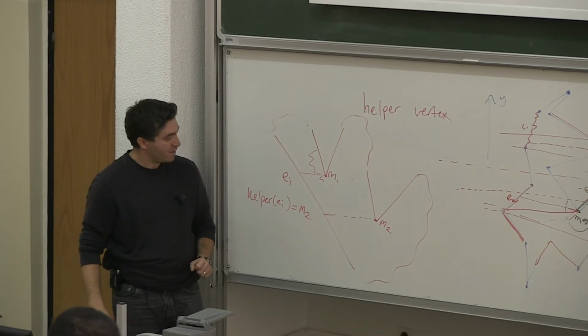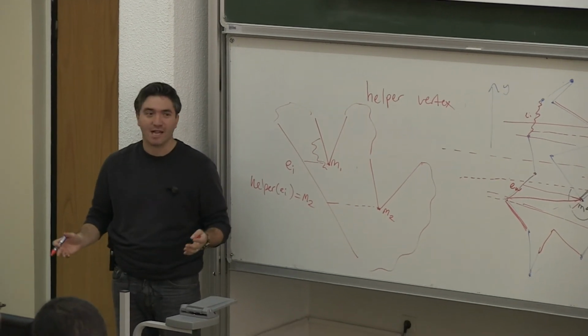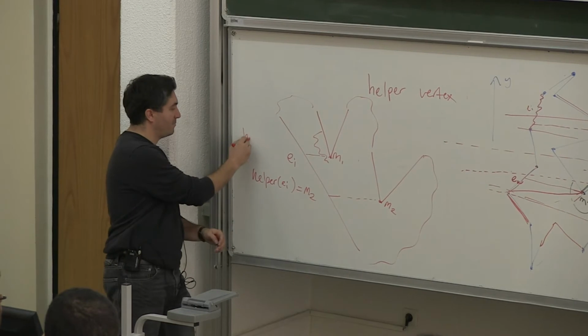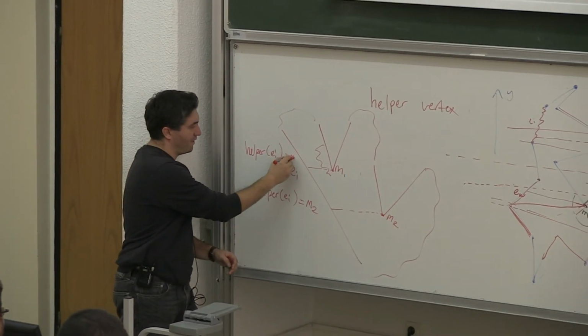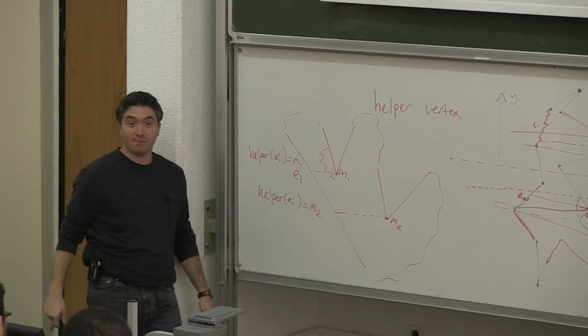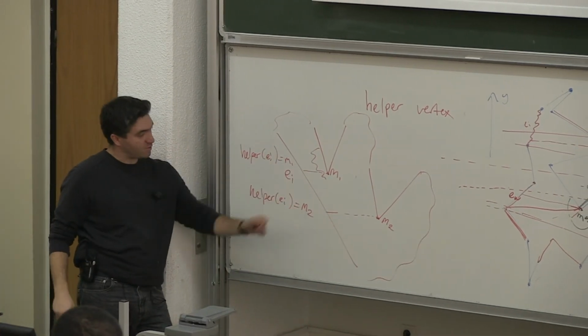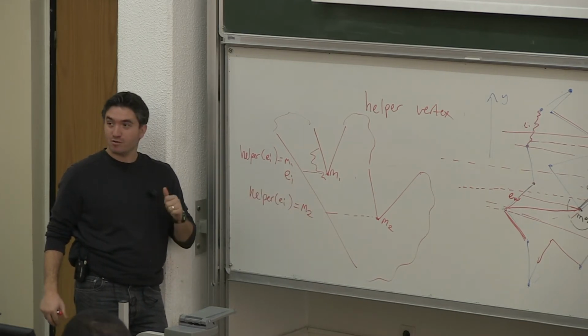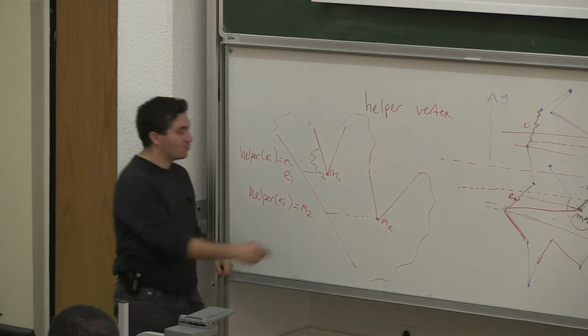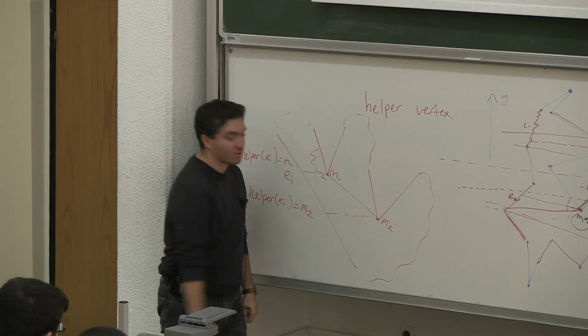And at this point, we look at what was the previous helper vertex. Previously, the helper of EI was M1. But when M2 is replacing M1, it sees that the previous vertex was a merge vertex. So what do you need to do? You need to draw a diagonal.